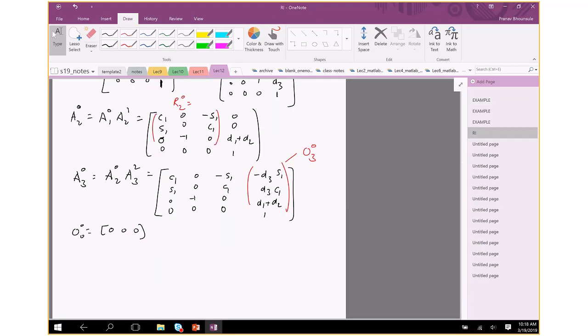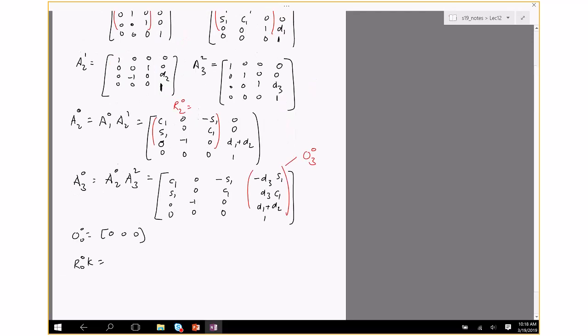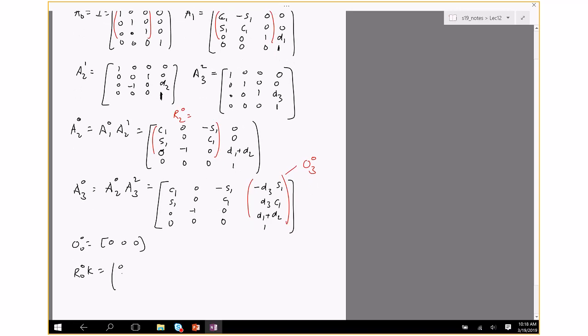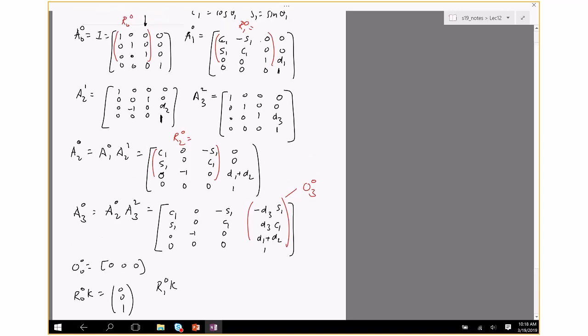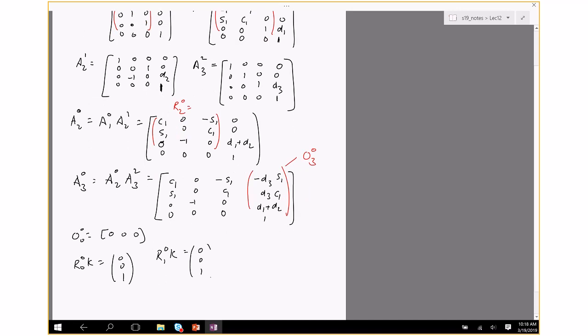So R00K is simply the third column, this one. That will be 0 0 1. And then R10K is the third column of R10. So that's again 0 0 1. And then R20 is again the third column, which is this, minus S1, C1, 0. So this is K.